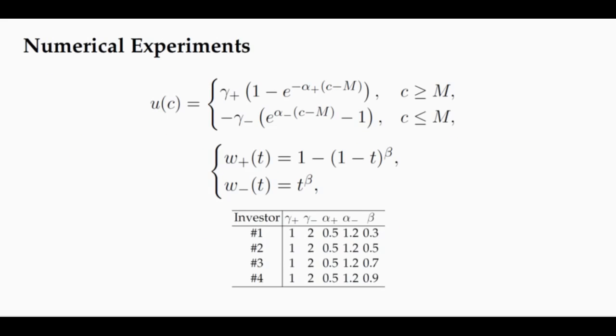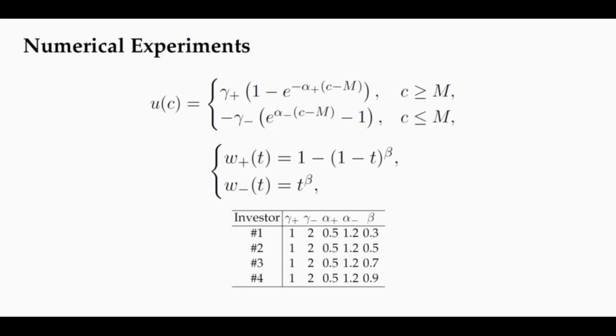So next, we'll consider some numerical experiments where we use a utility function, which is an exponential utility function. We fix that. This utility function also differentiates between a gain and a loss over this constant m, which is a minimum, which can be regarded as a minimum level of wealth that the investor would want to maintain.